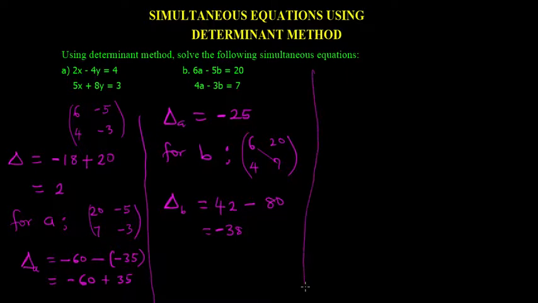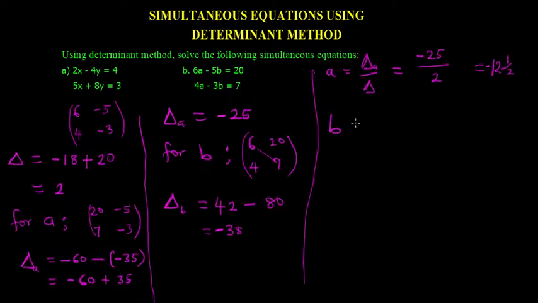Now recall that a is equal to the determinant on the part of a all over the general determinant, which is minus 25 over the general determinant, which is 2, and that gives us minus 12 1 over 2.